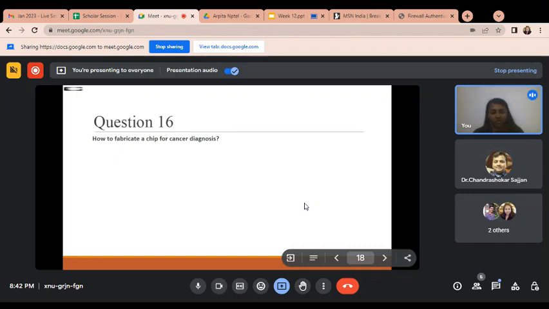Which etching process or chemical is used to etch the silicon wafer? KOH. Yes, KOH solution we can use, and also the TMAH process is used. TMAH solution is used. Okay.